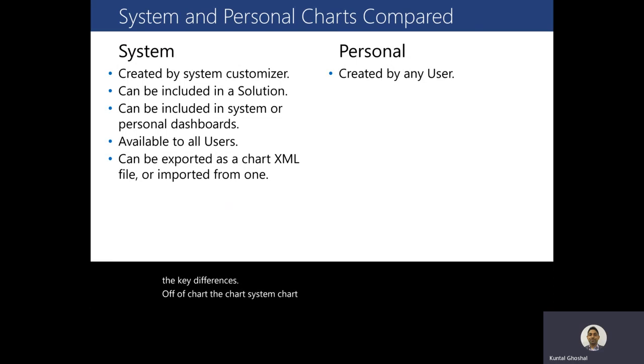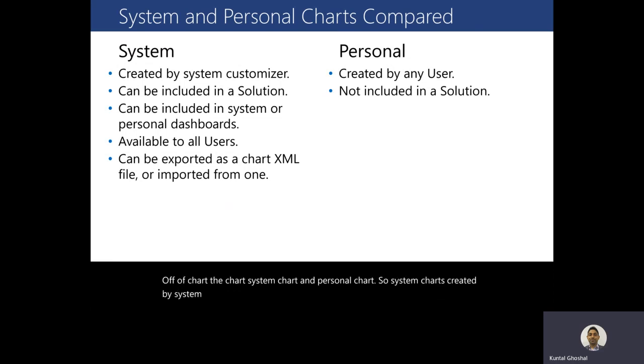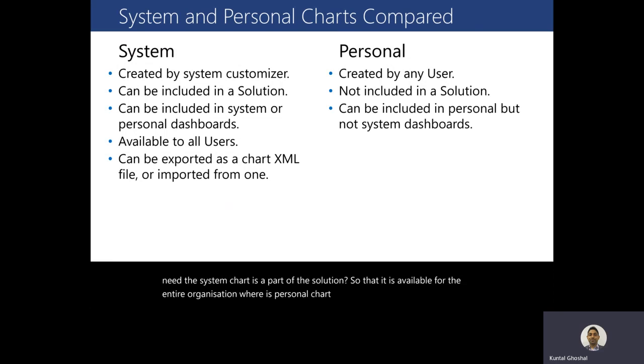System charts are created by a system customizer. A personal chart any user can create based on their individual need. The system chart is part of the solution so that it is available for the entire organization, whereas a personal chart is not included in a solution. A system chart can be included in a system or personal dashboard.